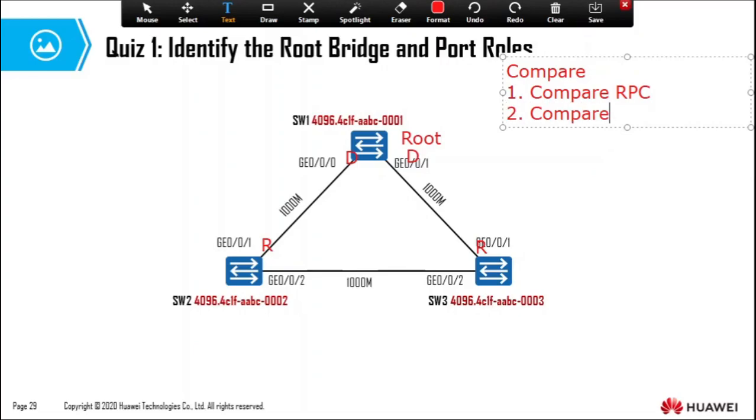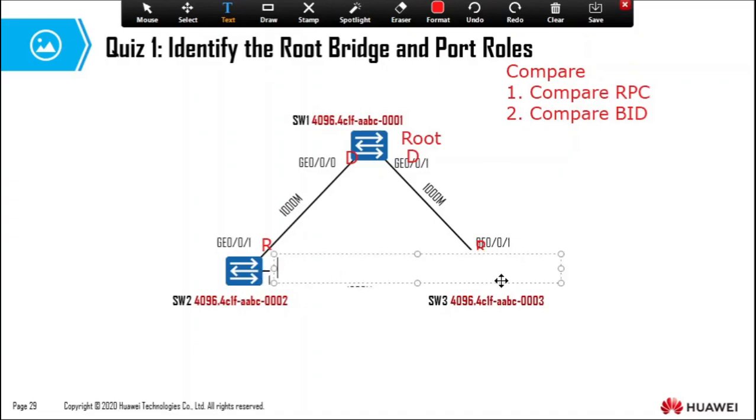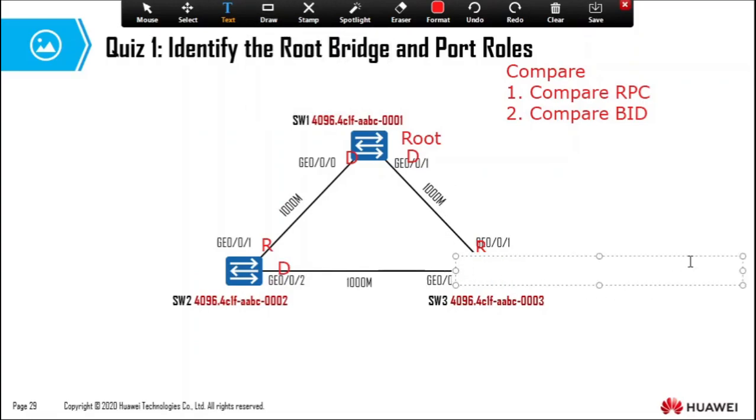We need to compare the BID, right? Which one has a smaller BID between switch 2 and switch 3? Switch 2, right? So this interface on switch 2 is going to be the designated, and if that is designated, then this is the port that we are going to block.